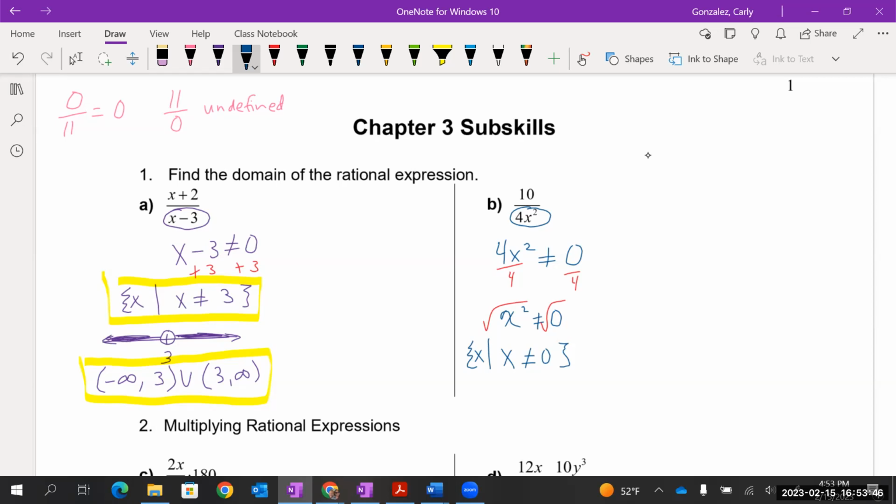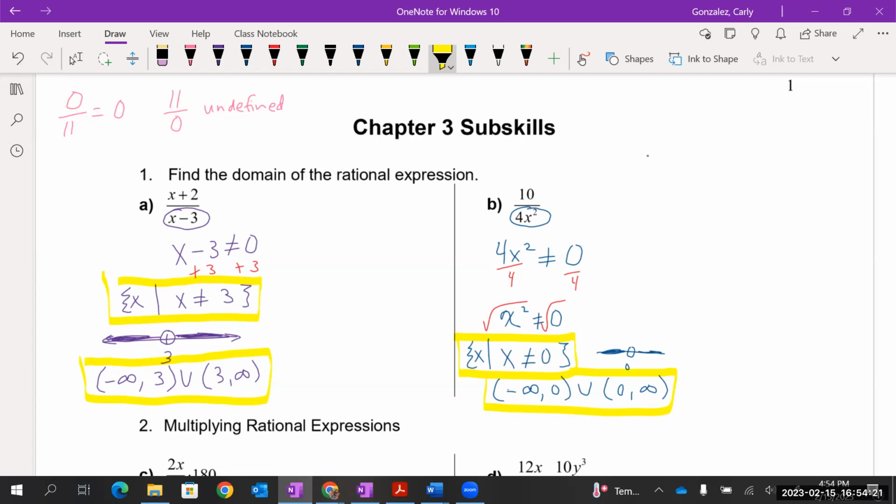And if we wanted to also include interval notation, just as we had before, we're going to get those two intervals, negative infinity to 0, union 0 to infinity, all parentheses, no brackets. Okay, so notice in this situation, we were not necessarily simplifying these expressions. All we were asked to do was to find the domain.